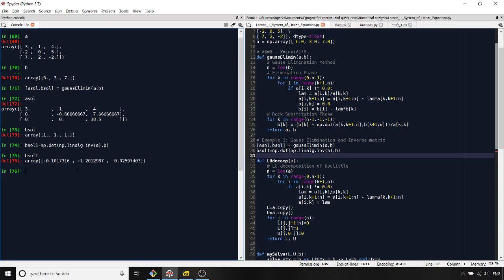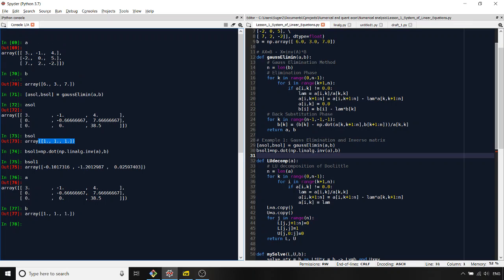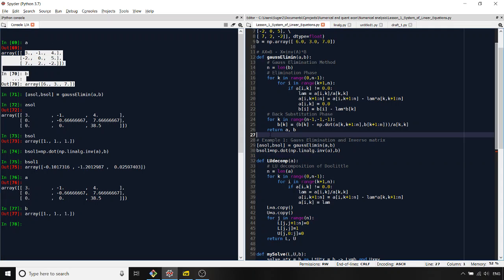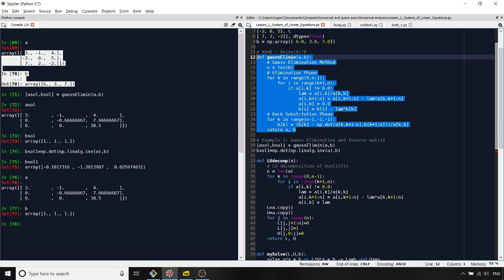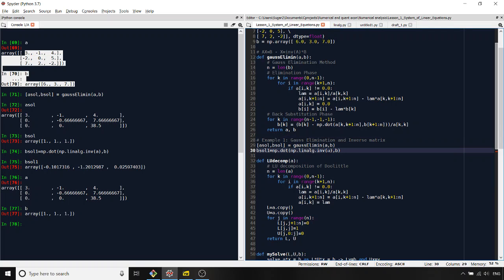That's because if you have a look at our A and B, A is similar to A solve, and B is already changed, but we expected them to be as they were originally. In these user-defined functions, we manipulate A and B, and they are in the global environment, so they are already changed.